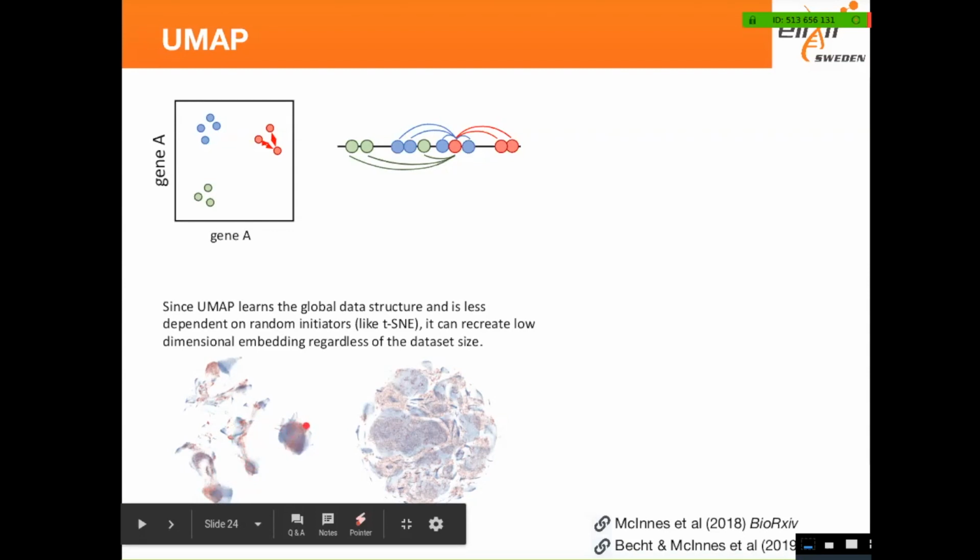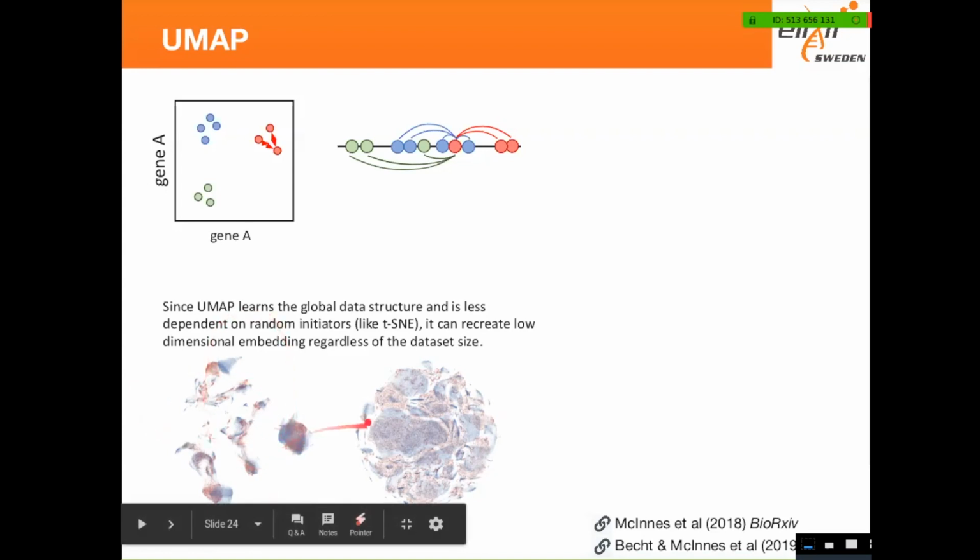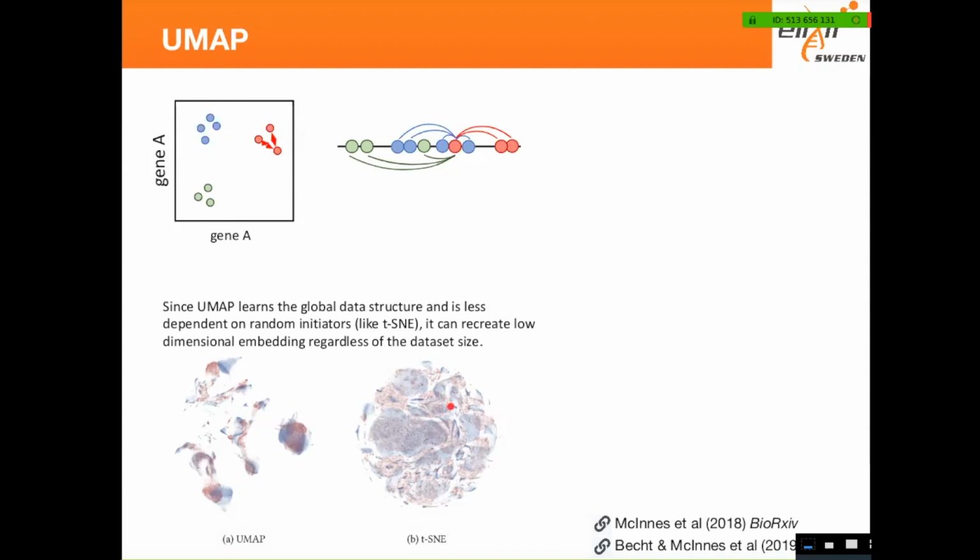So here you have in red and blue the 2 parts of a data set. You have a data set that is split into 2 randomly, and then you try to do the UMAP on both of them. And then this is if you run UMAP, and this is if you run tSNE. And the tSNE doesn't really match because the positions are defined stochastically.